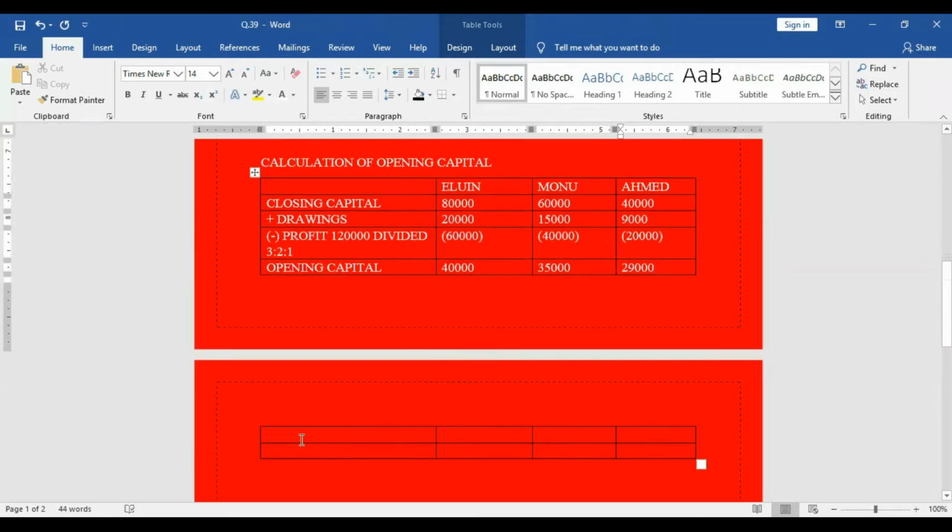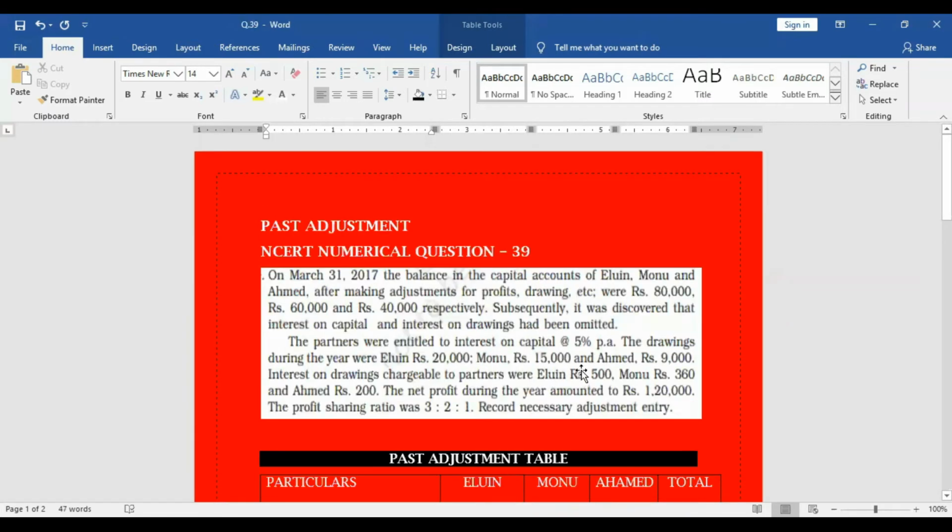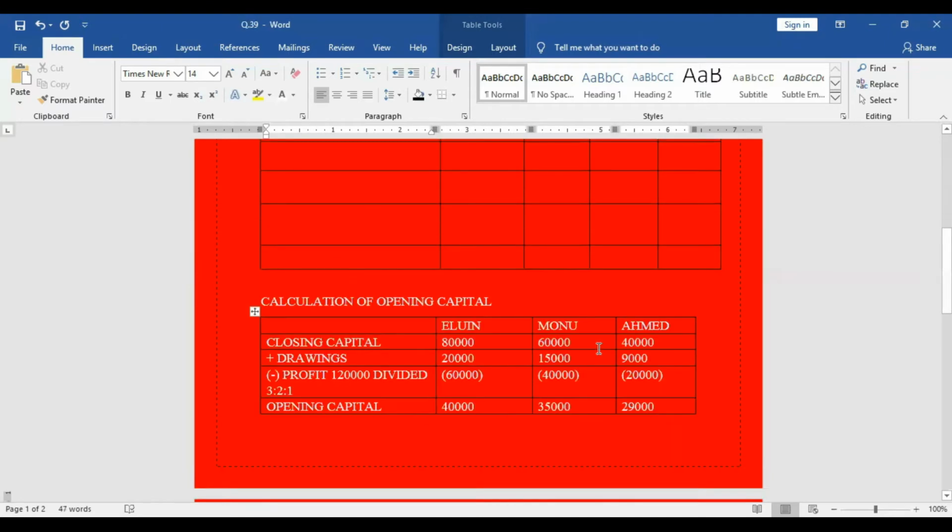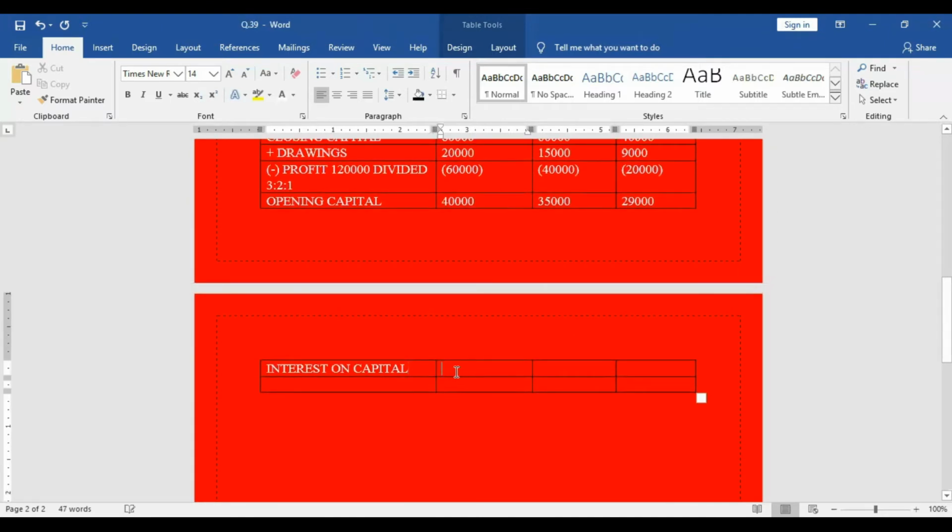On this opening capital, we have to calculate the interest on capital for each partner. Only from the opening capital we have to find the interest on capital of all the partners. The rate of interest is 5%. So interest on capital for Yelun, 40,000 at 5%, will be 2,000.